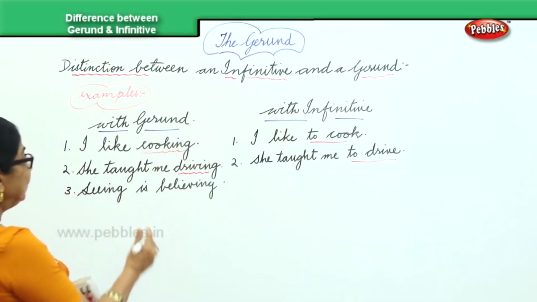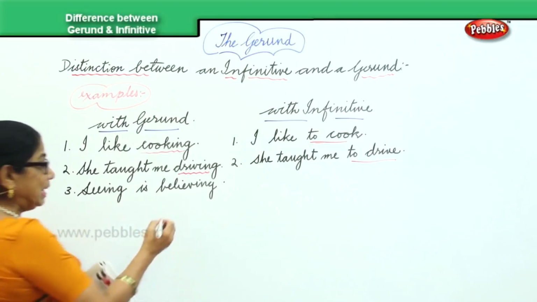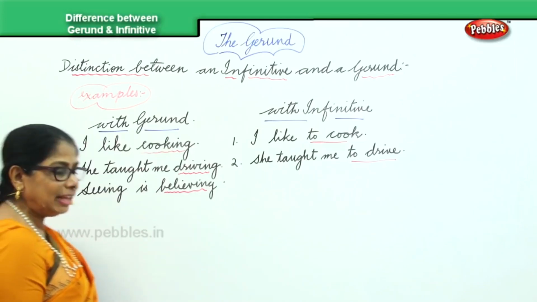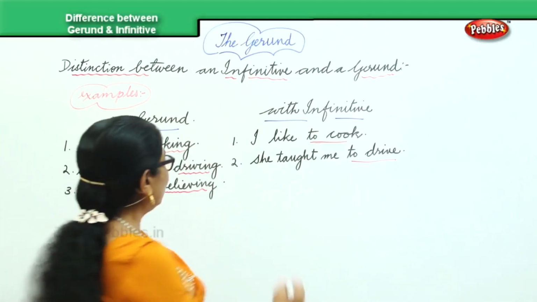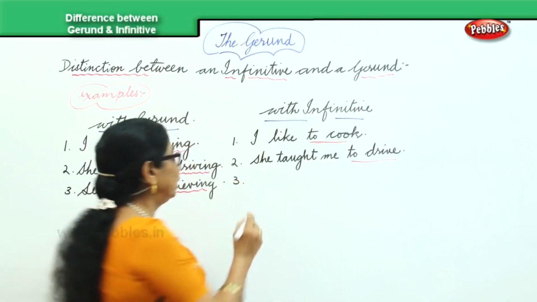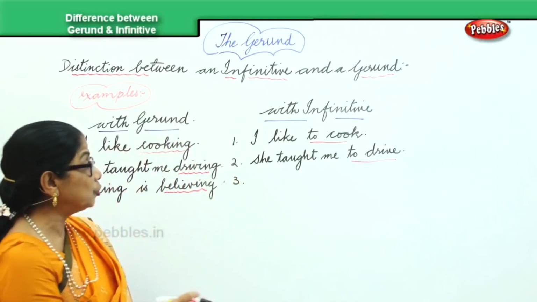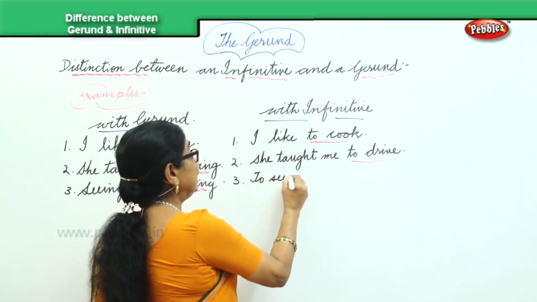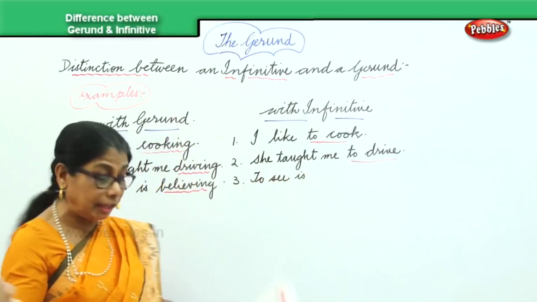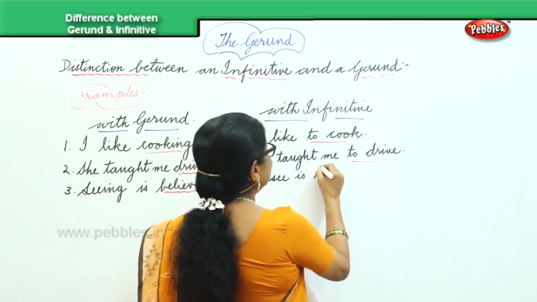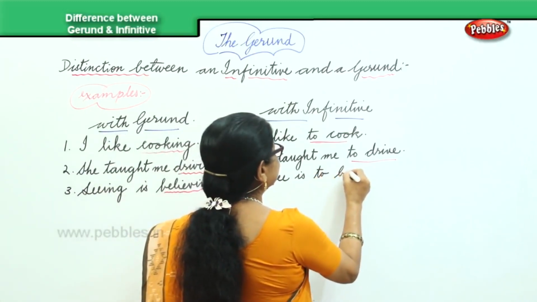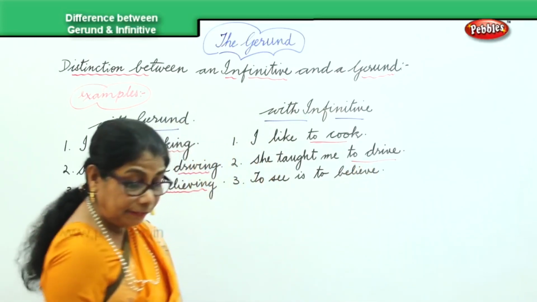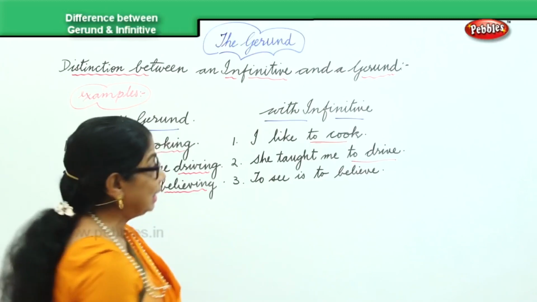In the gerund, believe becomes believing. So what will it be with the infinitive? To see is to believe. To see is to believe. In the case of the infinitive, to believe.